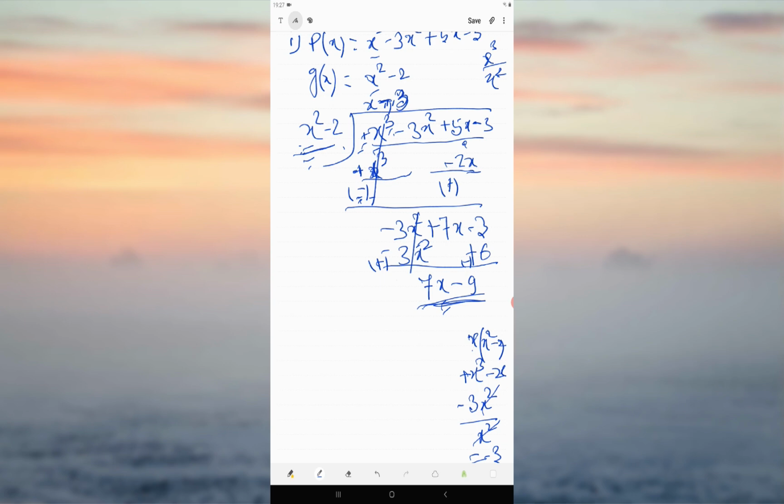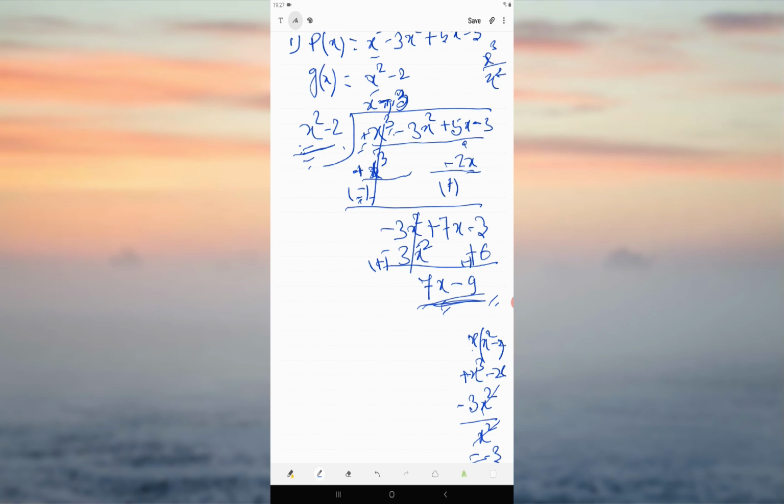We should not go further because the highest power in the remainder is now 1. If you see the previous step, it is minus 3x square, and here x square, that was equal, so it still goes. But now in the final step we are left with 7x to the power 1, but in the divisor we have x to the power 2. The highest power of x is 2 in the divisor, and in the remainder the highest power of x is 1.